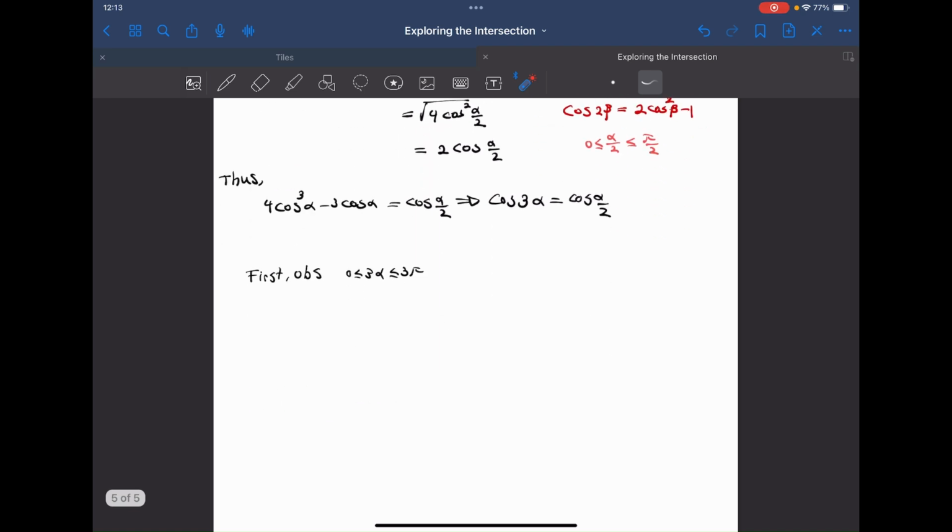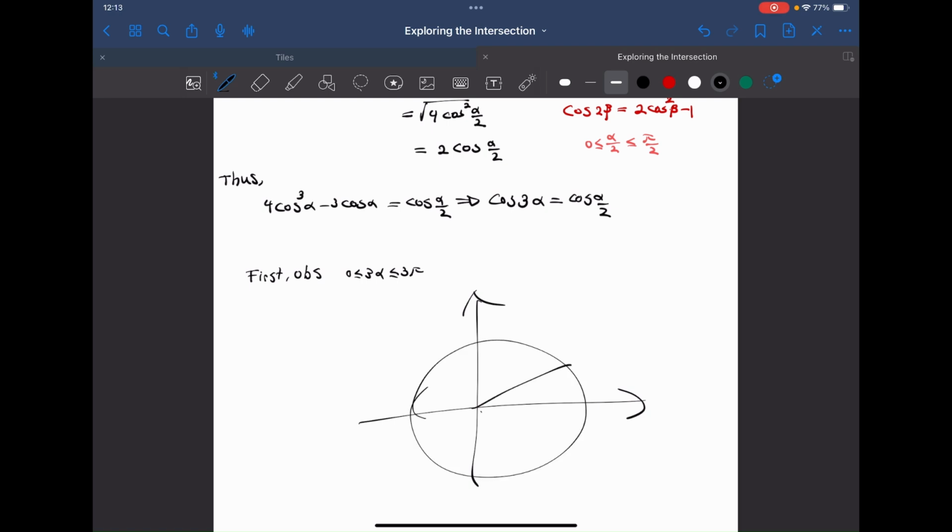So let me draw this here. So this is alpha divided by 2. And I know that 3 alpha produces the same cosine as alpha divided by 2. So 3 alpha, let's start from here.